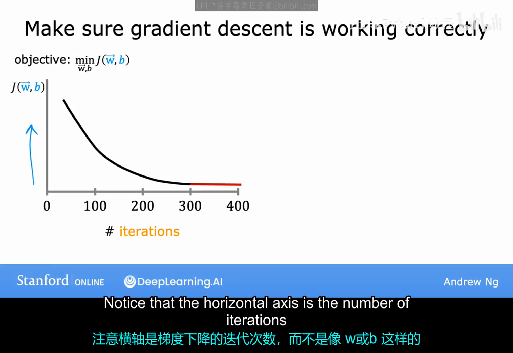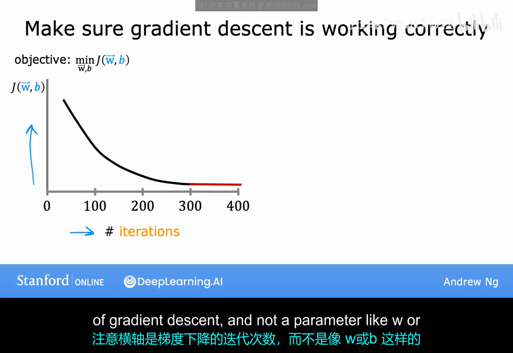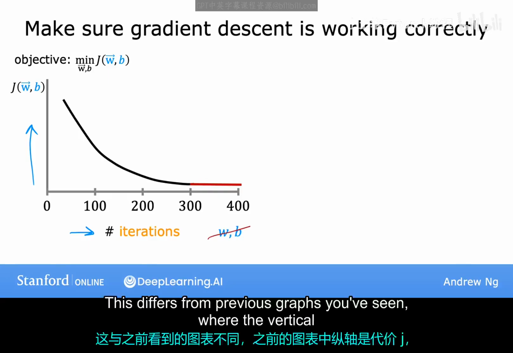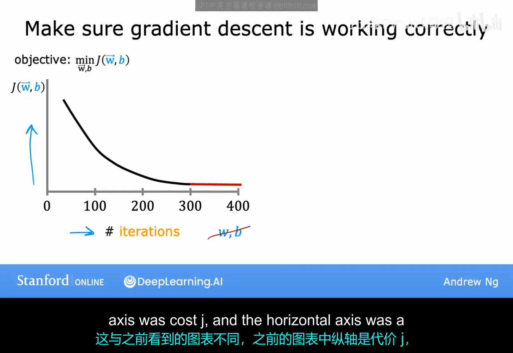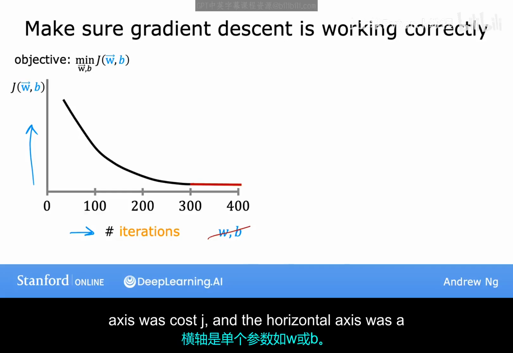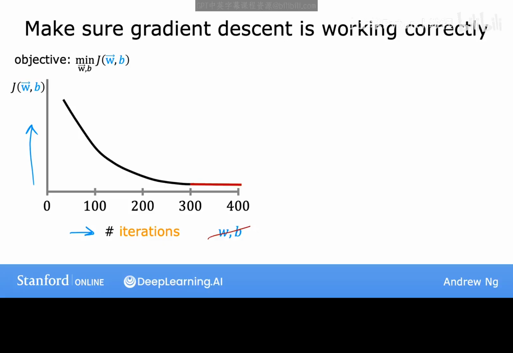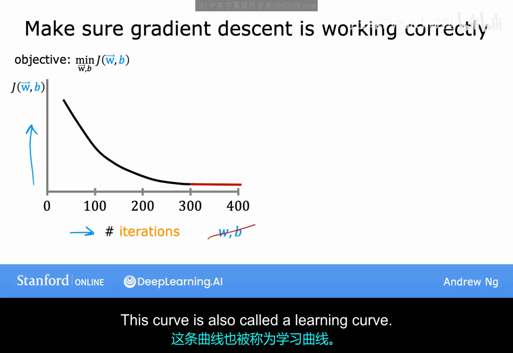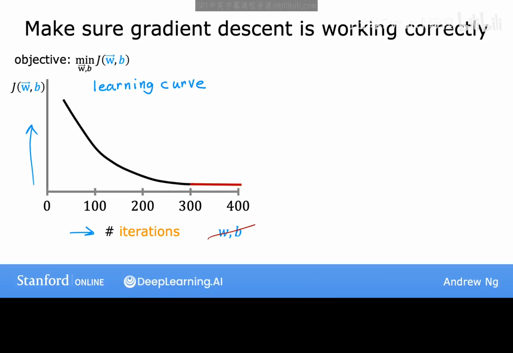Notice that the horizontal axis is the number of iterations of gradient descent and not a parameter like w or b. This differs from previous graphs you've seen, where the vertical axis was cost J and the horizontal axis was a single parameter like w or b. This curve is also called a learning curve.